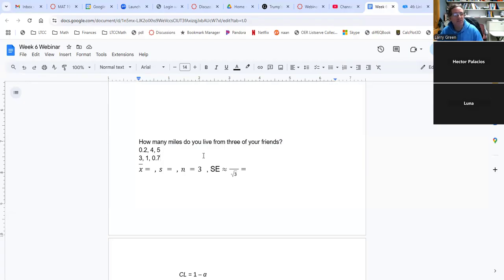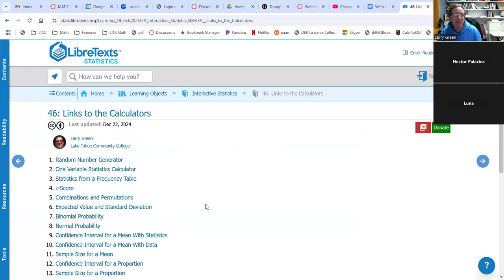Okay. I'm going to use the first one as the example, the 0.2, 4, 5, because it's good enough to have one example. And what I want to do is some calculations. The first calculation is X bar. I could probably do this in my head, but I'm going to go to the calculator. It's a lot easier.